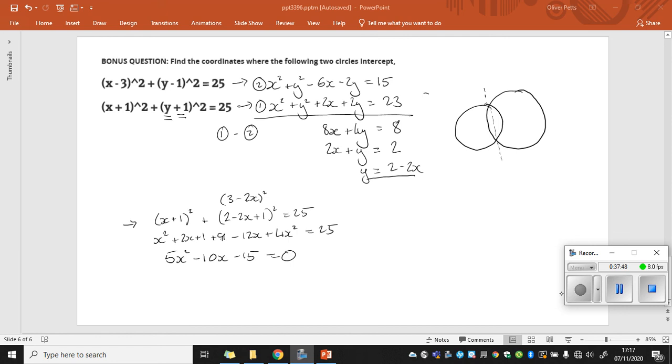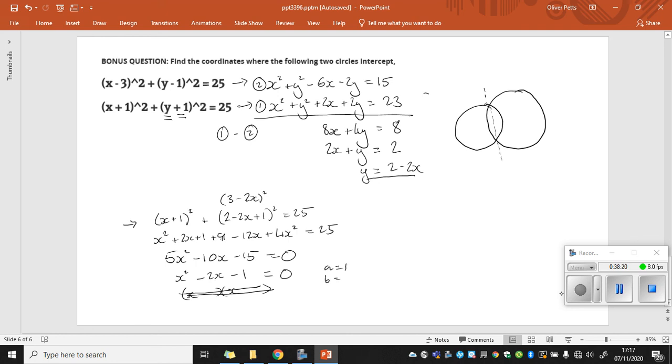Simple quadratic now, which we can solve either by using the quadratic formula or using our calculators. Let's just divide through by 5. x squared minus 2x minus 1 equals 0. This actually does factorise quite nicely. Or does it? I take that back, it doesn't. Scratch that. Into the quadratic formula, what have we got?